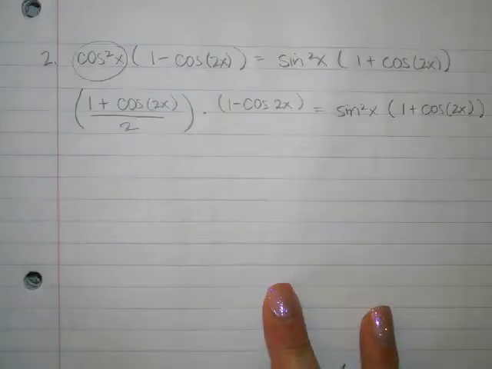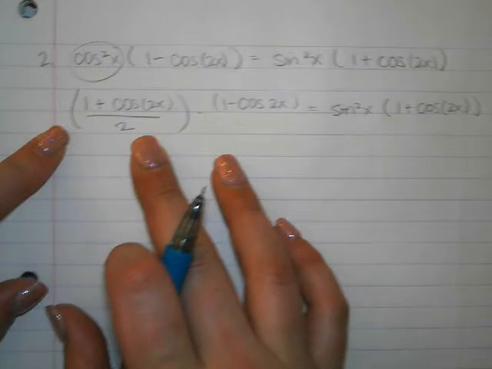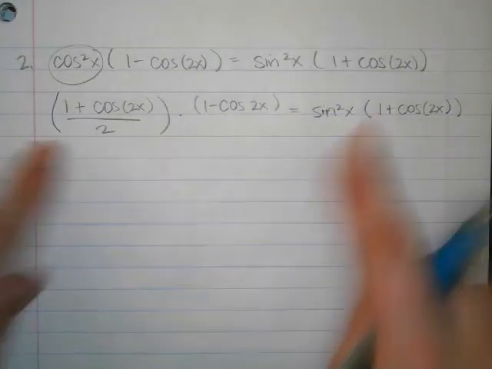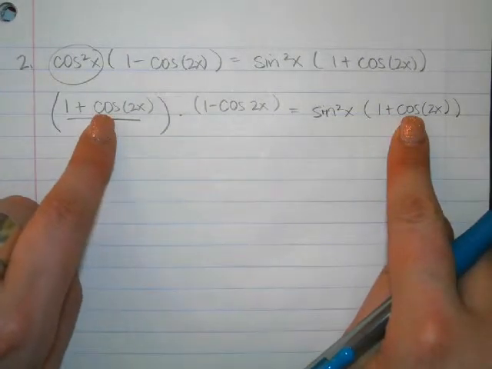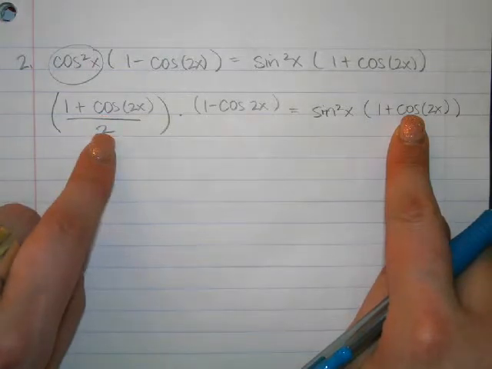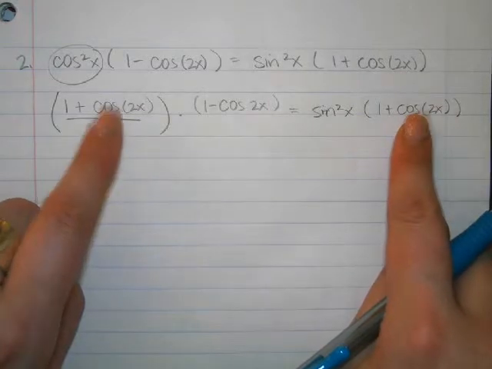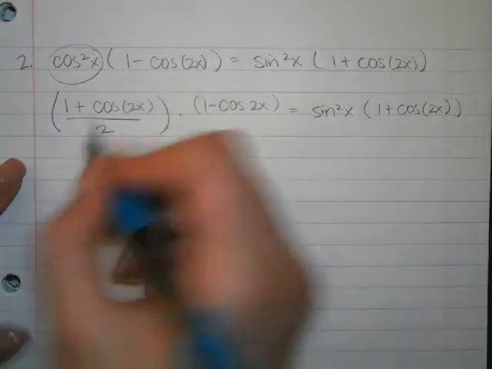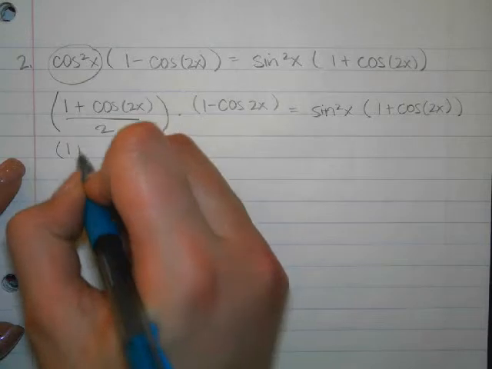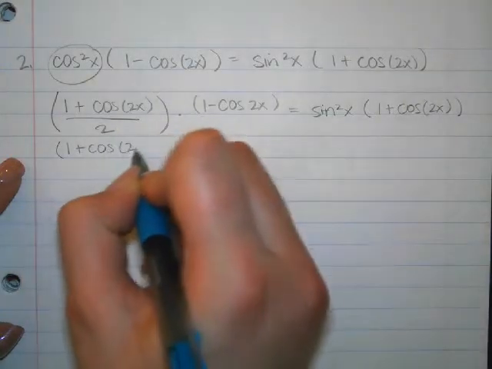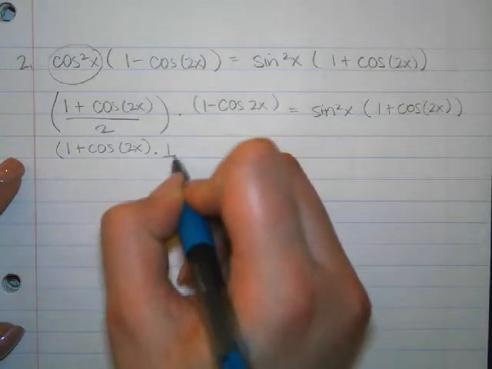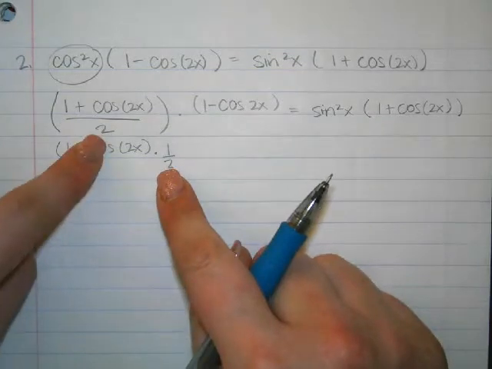Okay. And then what I noticed from here is that I want this to stay, but just the top. I don't want the 2 on the bottom to stay, but I do like it when the top stays. Does that make sense? Because that's on the right side. So I'm going to think of this as 1 plus cos 2x times 1/2. So all I did is I said this divide by 2.